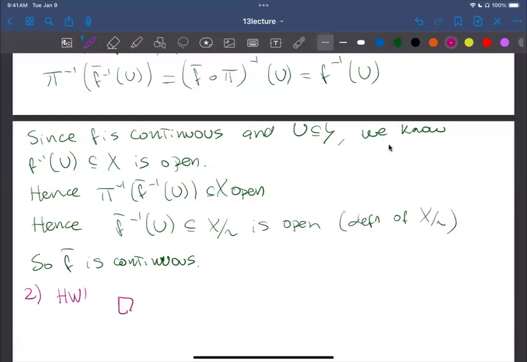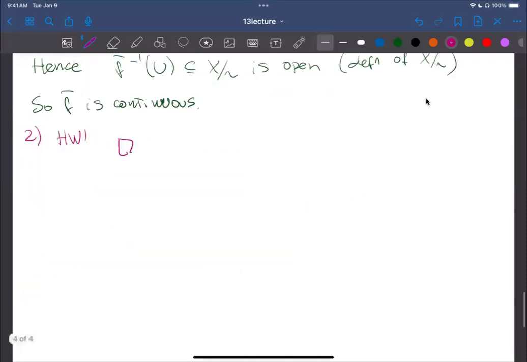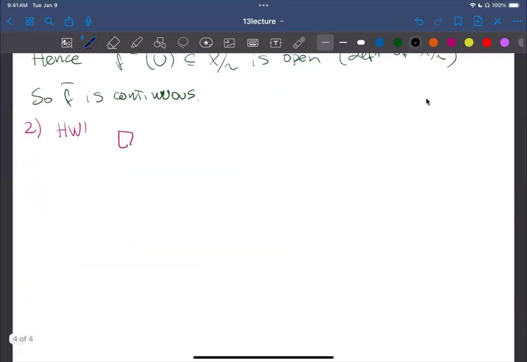Okay, so we're finally ready to do some examples, or at least one example. So let's take a simplified version of the example we did last time. Well, actually, it's another version. It's a brand new example. Let's take the Euclidean plane. So X is going to be R2 with the standard topology.